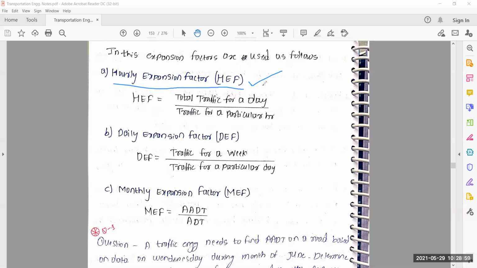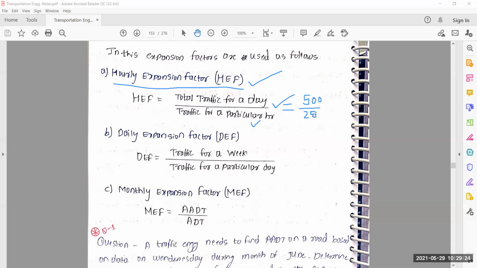So hourly expansion factor means total traffic for a day over total traffic for a particular hour. Let us suppose total traffic for a day is equal to 500, and traffic for a particular hour is equal to 25.